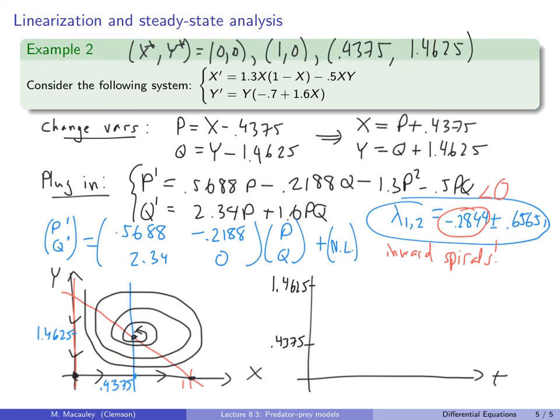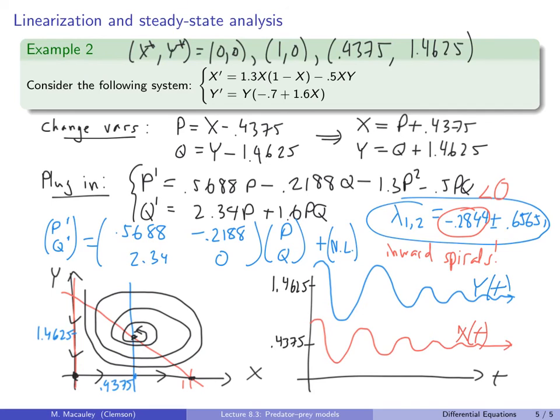No matter where you start here, the x value is going to approach 0.4375, so that means that you're going to get some spiraling behavior, and it's going to go like that. And then the y value, the population of the predator, is going to approach this steady state right here. So this is going to be x of t, and this is going to be y of t.